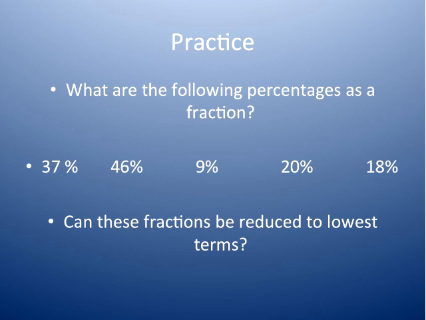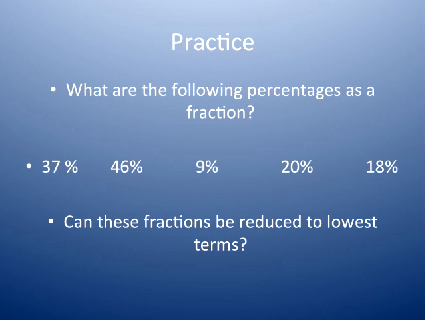Next, 46 out of 100. Next one is 9 out of 100. And 18, good. We're getting the idea that all we do is take our percentage and put it over 100.